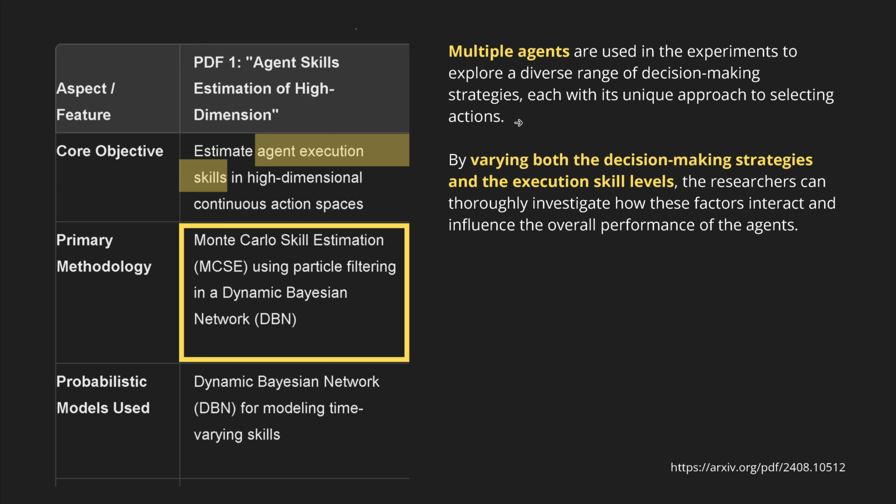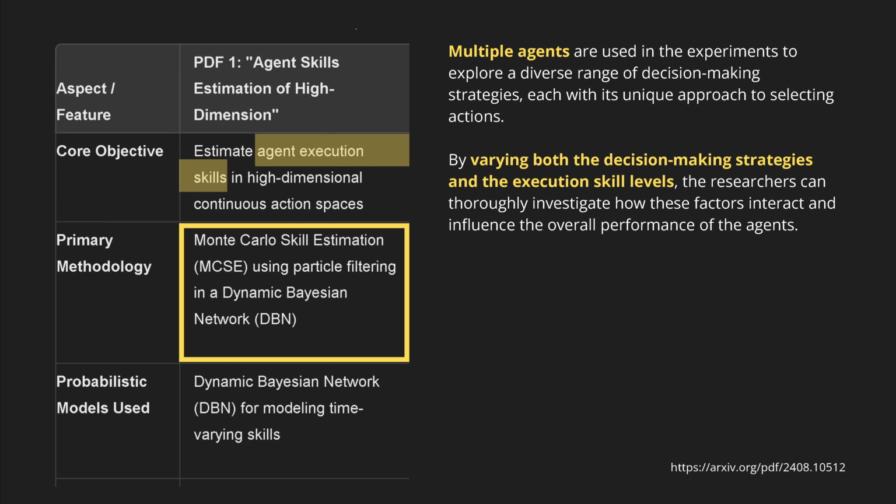Because what is a strategy different from simply a list of possible actions that you would like to perform, to execute? So by varying both the decision-making strategies, and this is what we are looking for, and the skill level, to be precise the execution skill levels of our AI agents, those two researchers that I just showed you in the publication can now investigate how those factors interact and influence the overall performance of the agent.